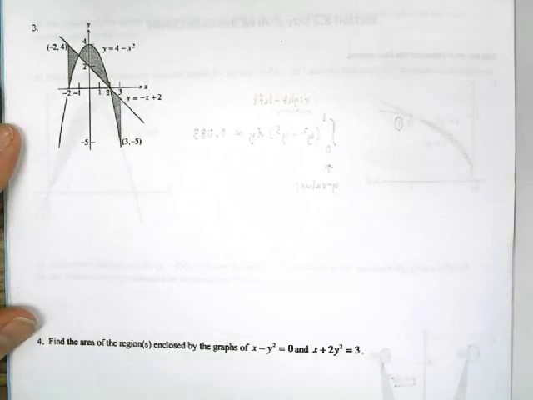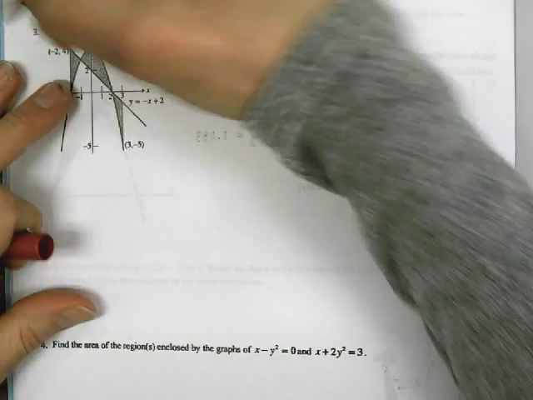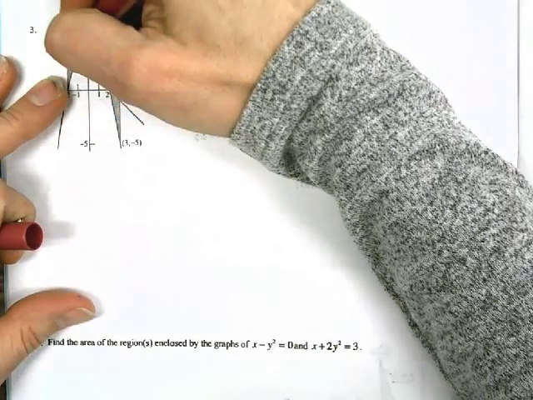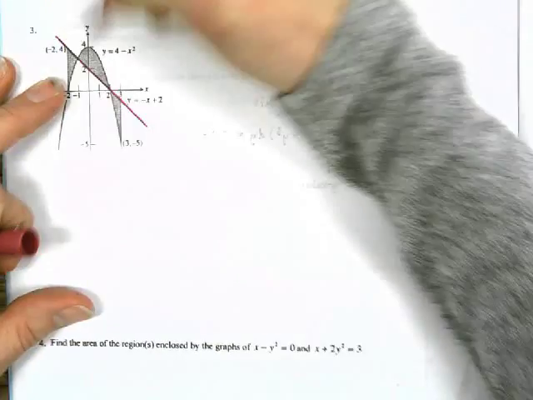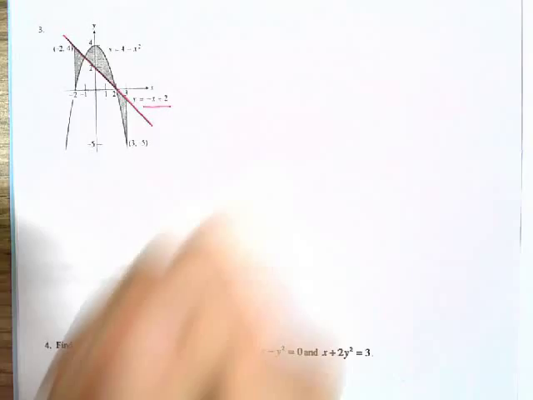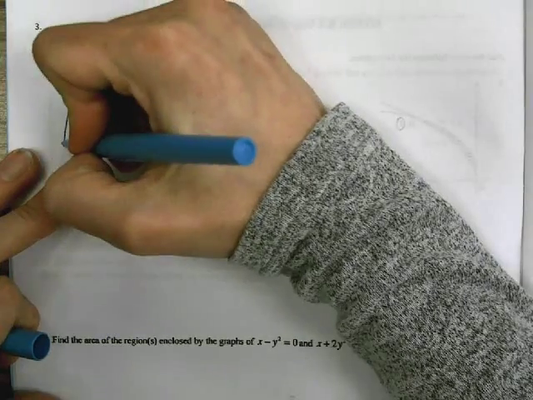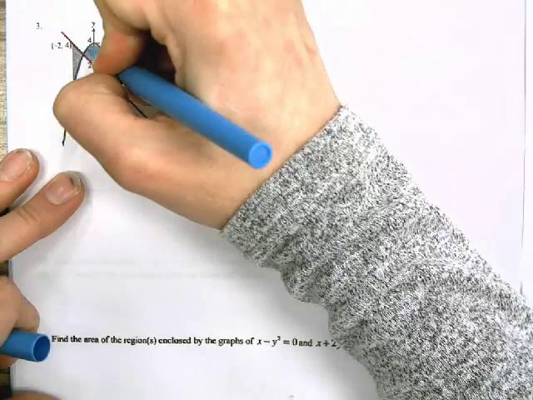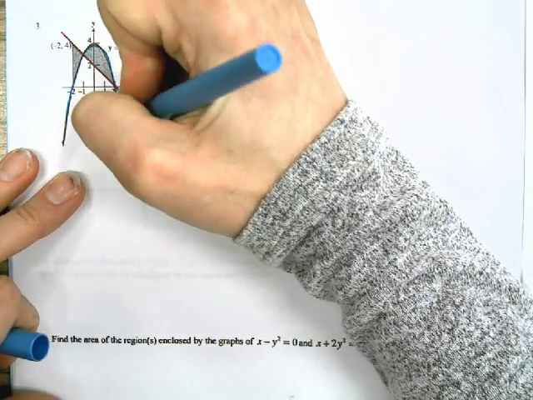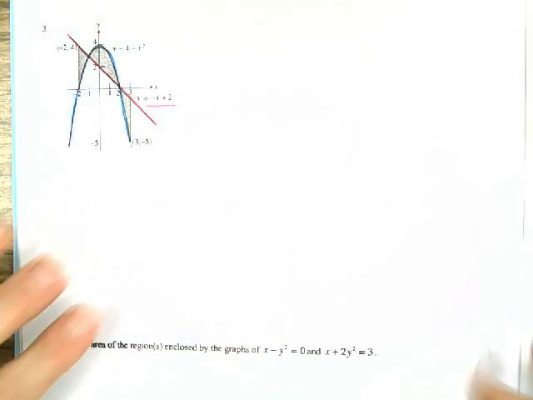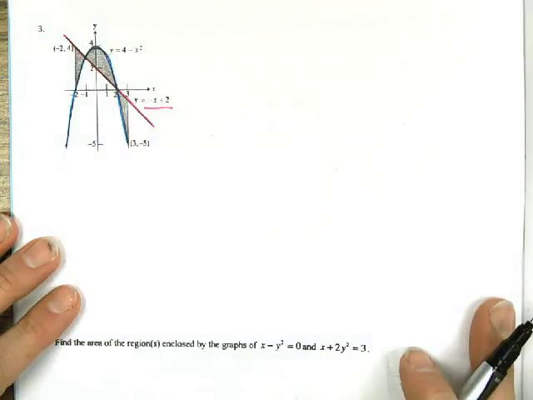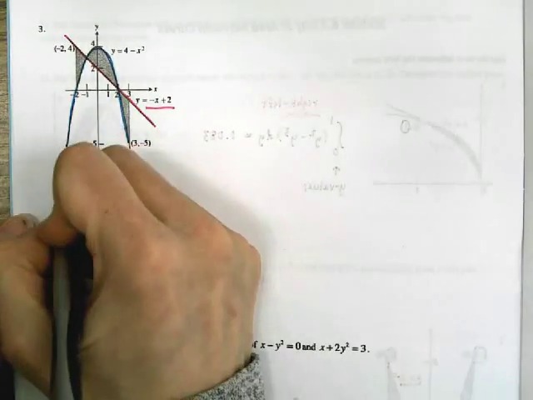So the first thing I see here, and maybe it'll help to kind of outline our functions so we can easily pick up what's top and bottom. So there's my negative x plus 2 in pink. And in blue, we'll do our 4 minus x squared. All right, so my first interval is going to be the integral.